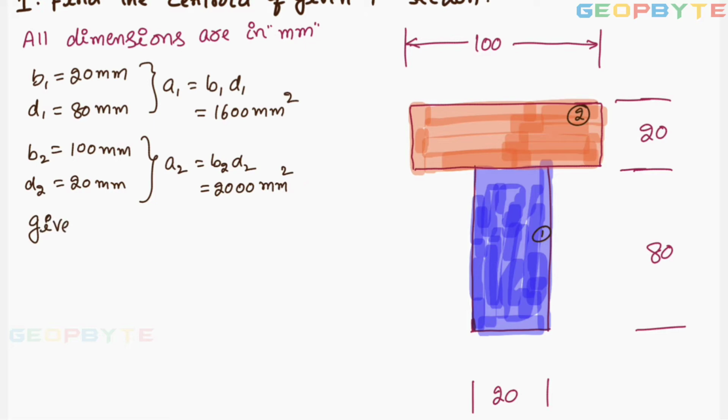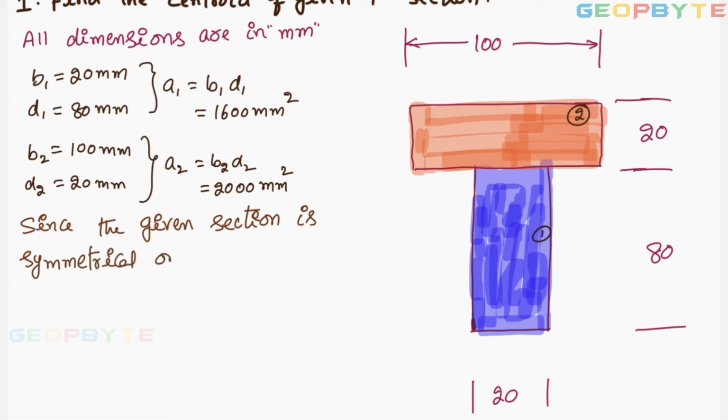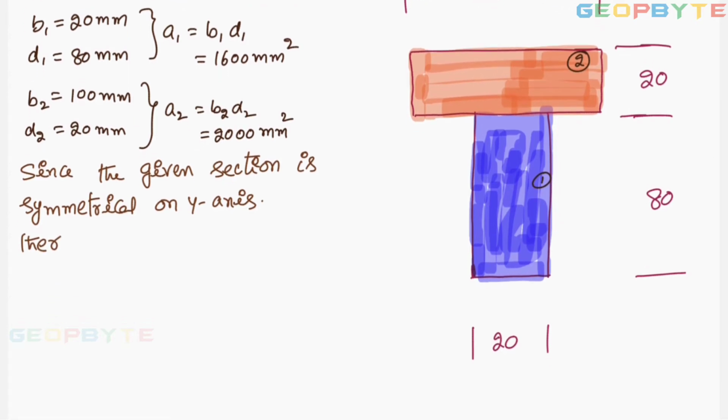Since the given T section is symmetrical on y axis, therefore the centroid should lie on the y axis.